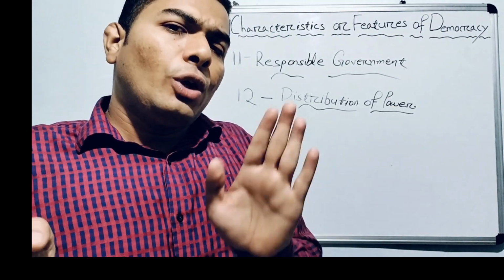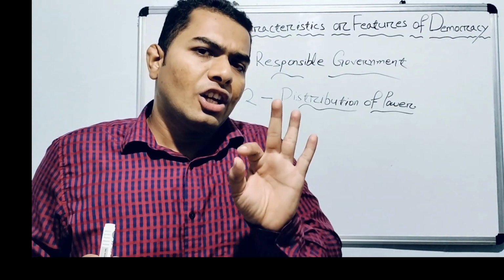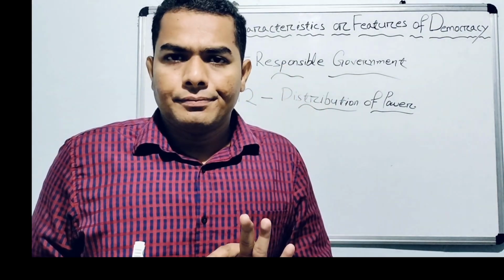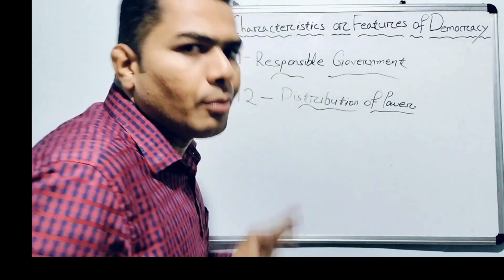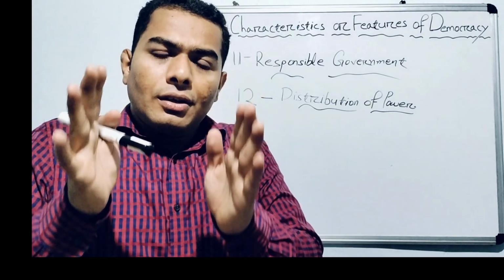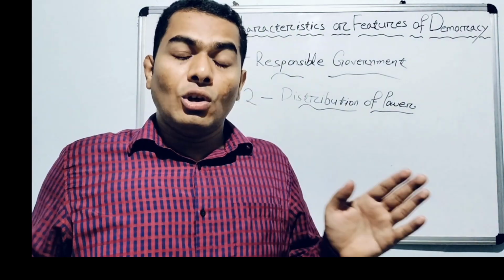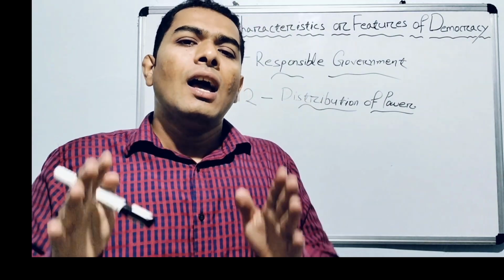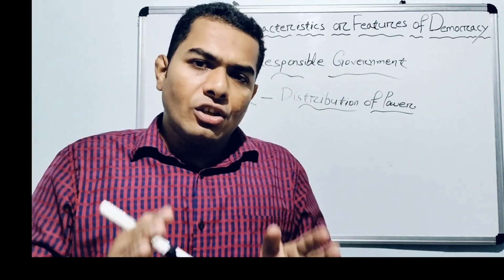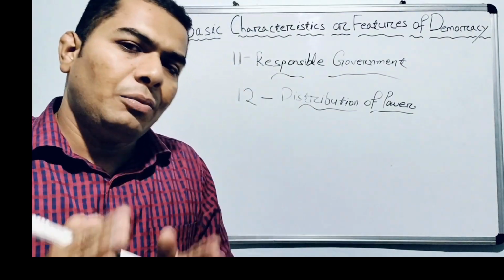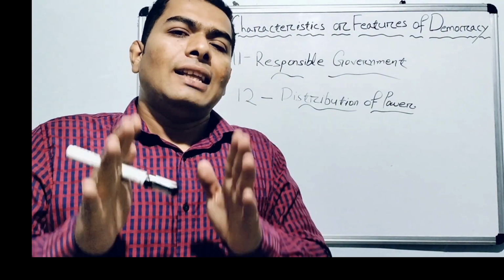We know very clearly that in a democracy the government possesses the power. But here the government is also divided into many parts. Just like in our country, India, the government has three organs: legislature, executive, and judiciary. Each organ has been provided its own powers.